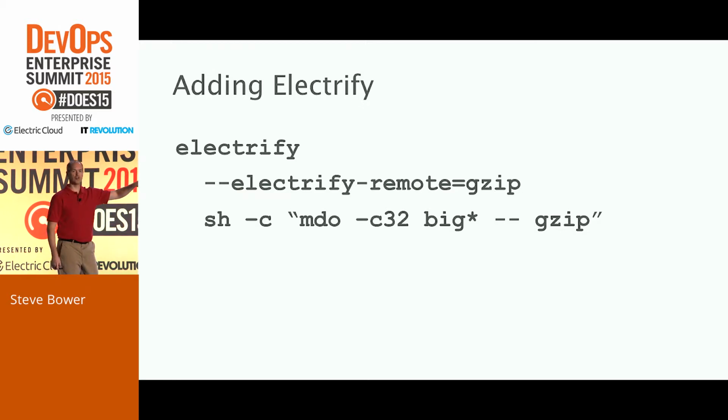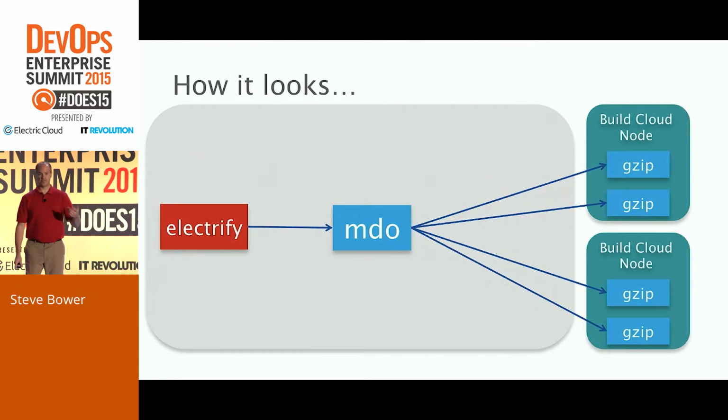You can try it at home, but it's not completely tested. You tell Electrify that, hey, whenever you see a gzip command, send it out to the farm, out to the cluster. And so Electrify runs this sh command. mdo is running 32 of these gzips at a time, so when Electrify sees those gzips, it'll send them out to the farm. And this is sort of a diagram of how it looks.